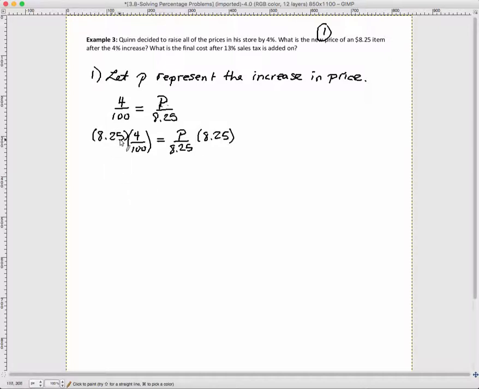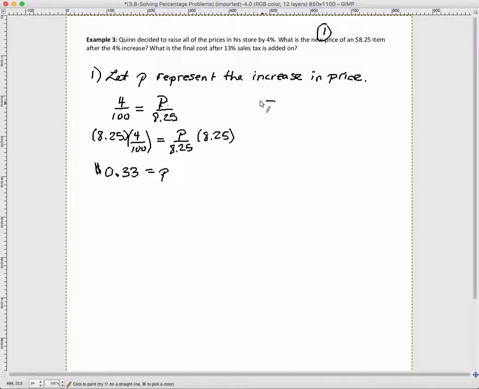If I multiply the left-hand side out, $8.25 multiplied by 4 divided by 100, you get 0.33 is equal to P. That tells me that 0.33, or 33 cents, is the increase.